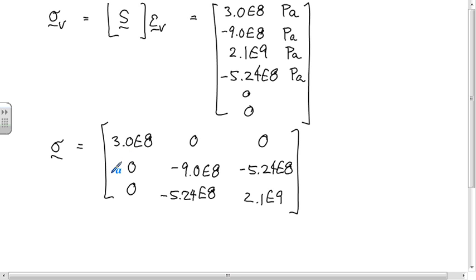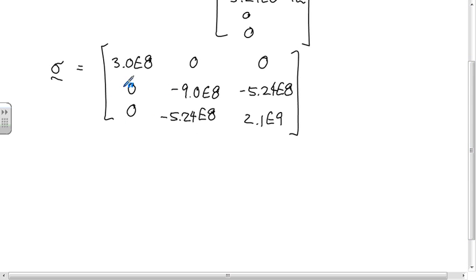All right, so once you have this, how do you come up with the principal stresses? Yeah, so all you're trying to do now is find the eigenvalues of the stress tensor, and that'll give you the principal stresses.